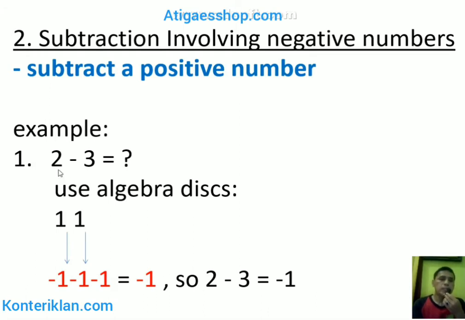Since this one is positive 2, put 1 two times, and this one is negative 3, so put negative 1 three times: 1, 2, 3 times. Then cross out one by one. One positive crosses out with a negative 1, and another positive crosses out with a negative 1, so the rest is negative 1. So 2 subtract 3 equals negative 1.